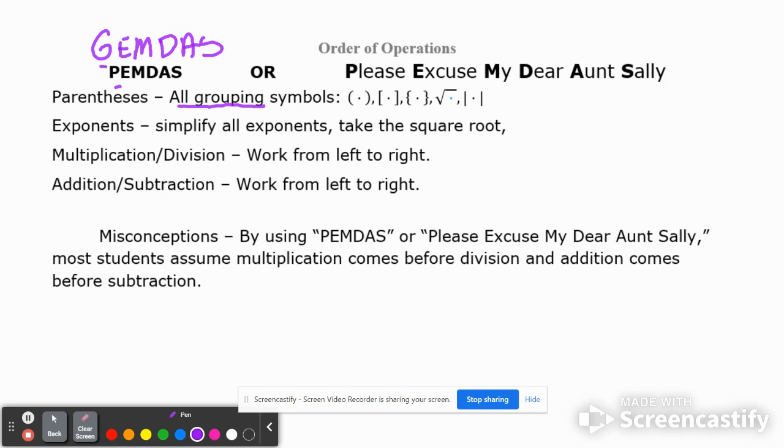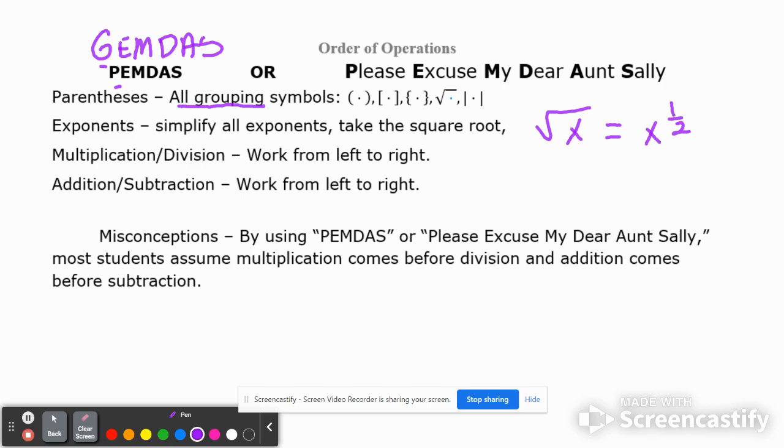Second is exponents. We simplify all of our exponents, and this also includes taking the square root, because the square root of x is the same thing as x to the 1/2 power. So that's technically still an exponent, and that's a grouping symbol.